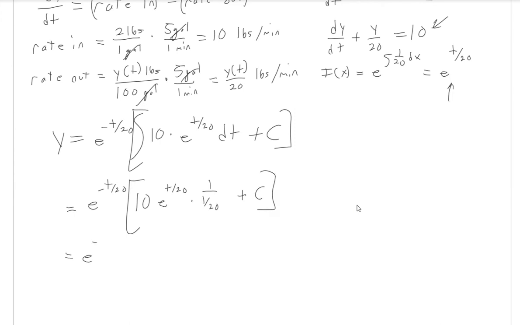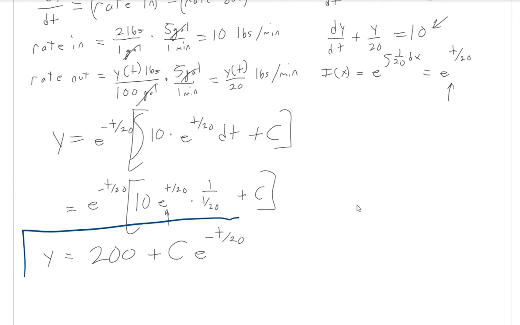So we multiply that out: e to the negative t over 20 times e to the t over 20 will cancel. 1 over 20 times 10 is 200, plus c times e to the negative t over 20. So that would be our equation.